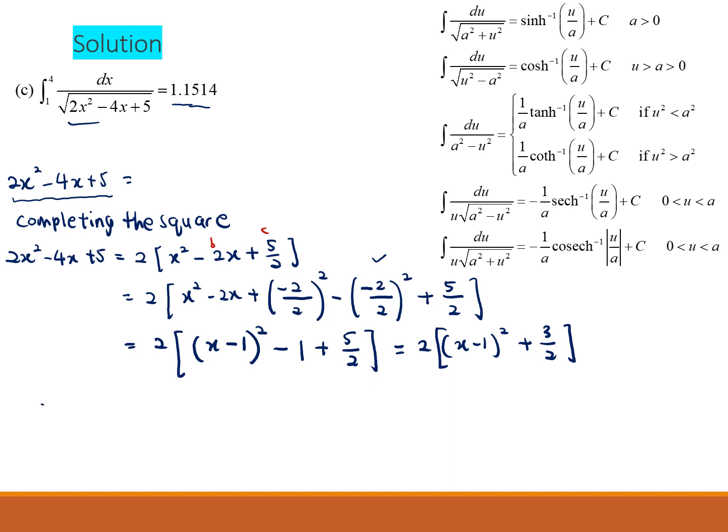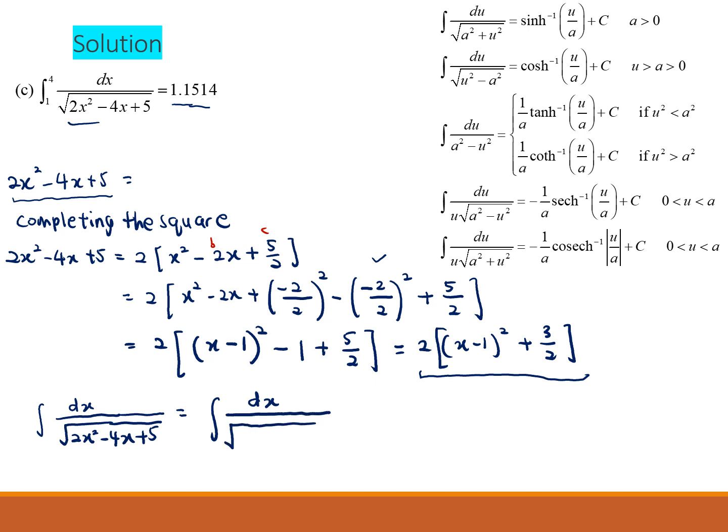Now our integration of dx over square root of 2x squared minus 4x plus 5 can be represented as this simple equation. We just substitute all of this, where this will be square root of 2 times x minus 1 squared plus 3 over 2.